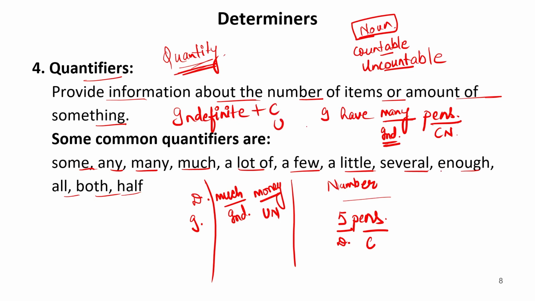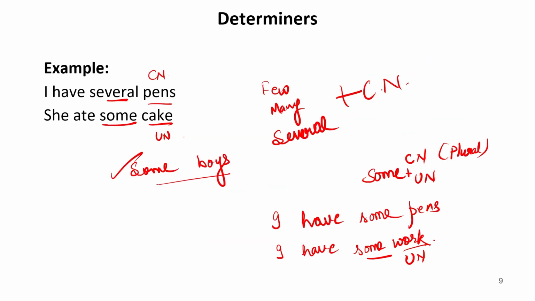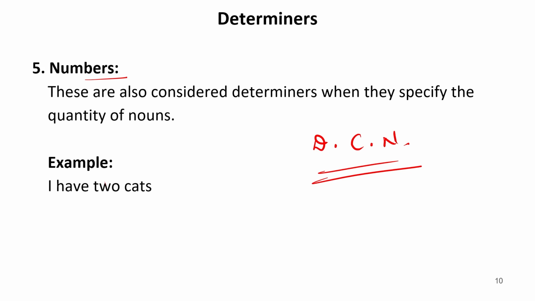Quantifiers are generally used with indefinite nouns, whereas numbers are used with definite nouns. These are also considered determiners when they specify the quantity of nouns. I have 2 cats. Now I can specify that only 2 cats are there. So I can count them. They are countable. Also, they are definite in number.